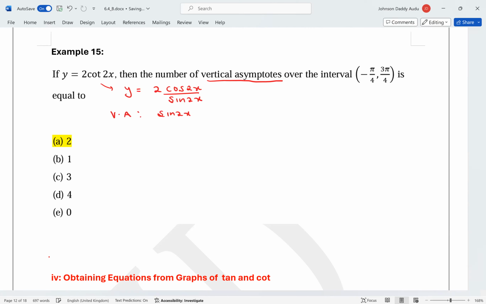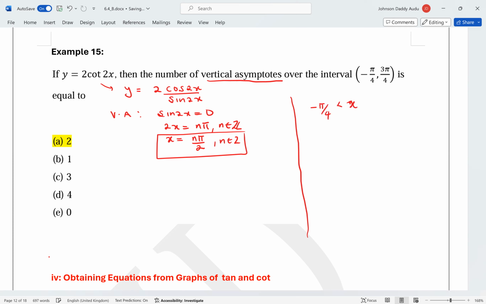But we have to use this interval. We're interested in the vertical asymptote within this interval. Look at this interval, it's open, so you want your x to be between minus pi over 4 and 3 pi over 4, but with no equality.